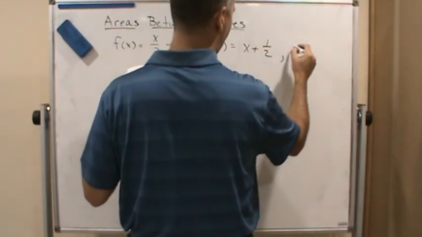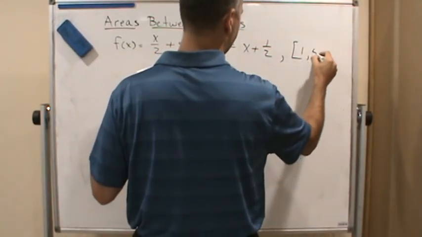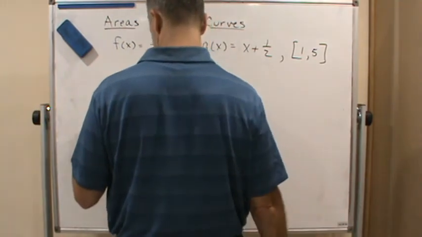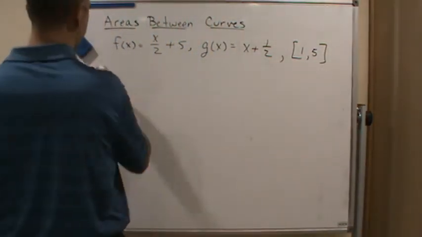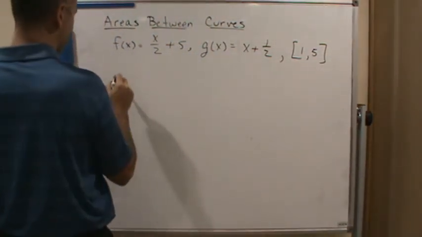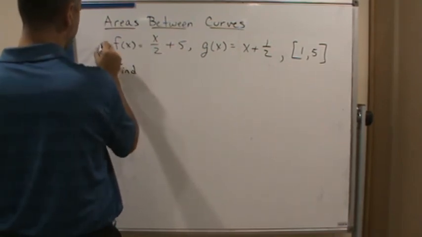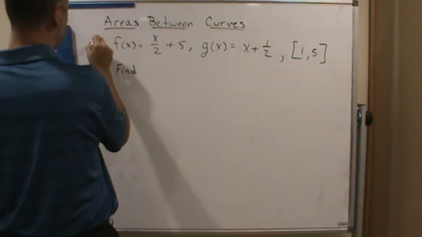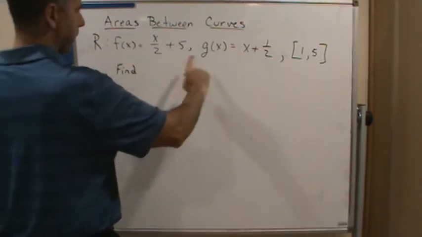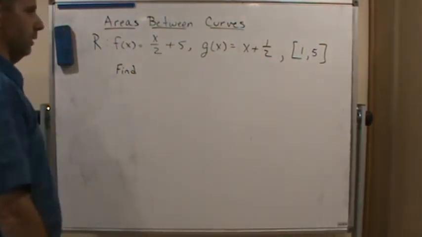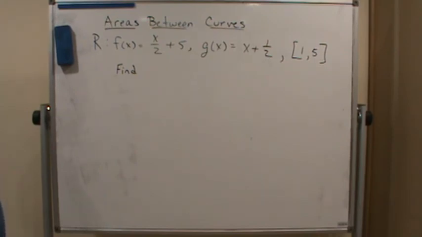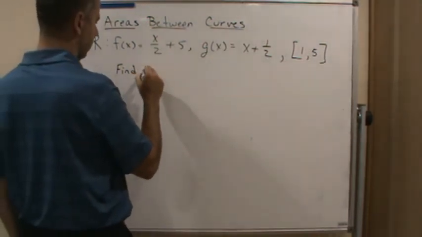And we want this over the interval 1 to 5. We want to find the area of region R. So R is bounded by these constraints, if you will.